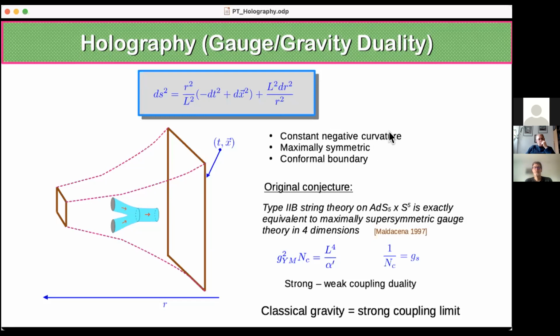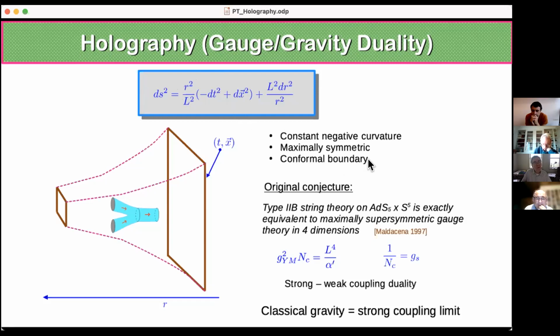Such a space has constant negative curvature, it's maximally symmetric, and the isometry group is precisely the conformal group of this Minkowski space. You can see this by rescaling the t and the x coordinates, and at the same time rescaling the r coordinate with the inverse factor, and this metric is invariant. So it has a scaling symmetry, and more generally it realizes the full conformal symmetry.